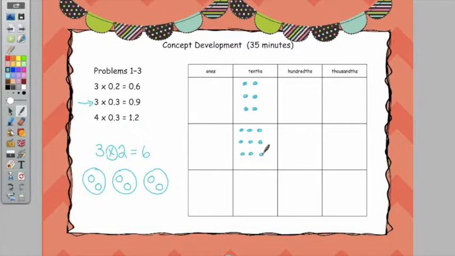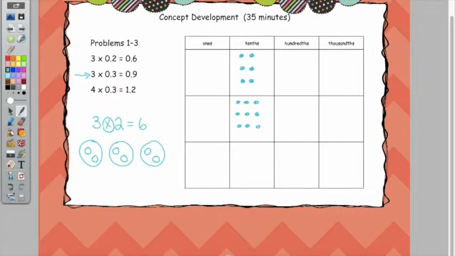Maybe you were in 2nd grade. Let's look at the next one. It says 4 copies of 3 tenths. So could we just add another copy here? Yeah. Okay. So that's 4 copies of 3 tenths. Now it says my answer is 1.2.